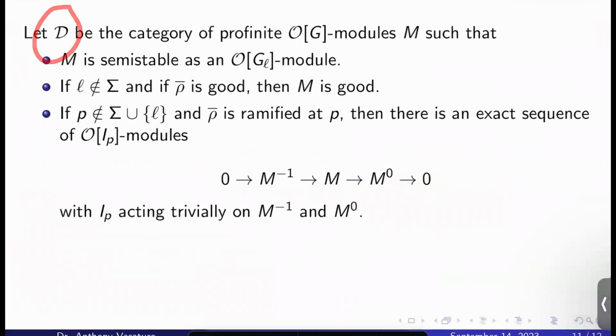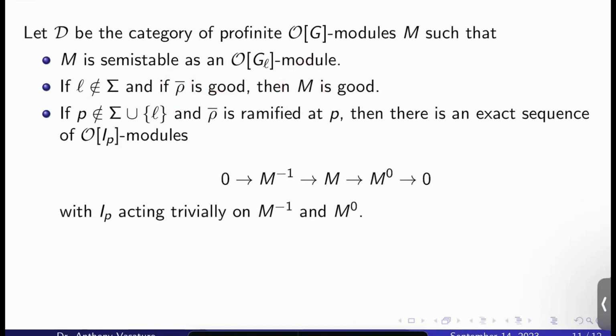Let's let D be the category of pro-finite O[[G]] modules M such that three things are true. One, M is semi-stable as an O[[G_L]] module, so semi-stable at L, basically. We're going to turn a lot of our conditions that we desire about representations into conditions on modules. That's what's going to happen here. Two, if L isn't in Σ and if rho bar is good, M better be good.